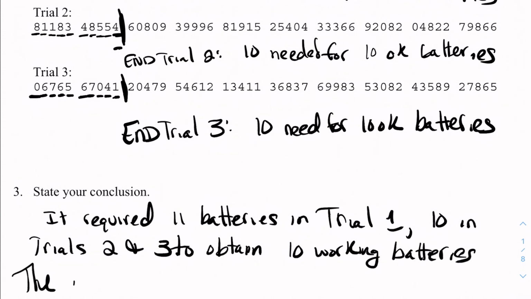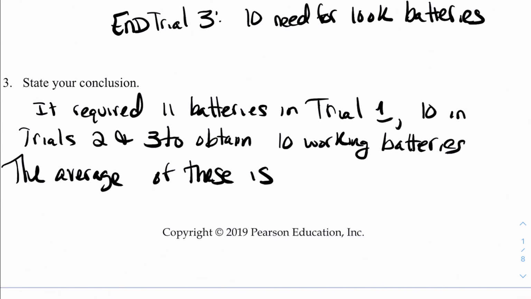The average of these is 31 divided by 3. Let me pull up a calculator really quickly. 10.33.